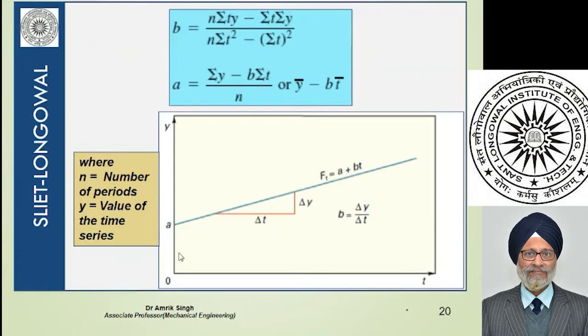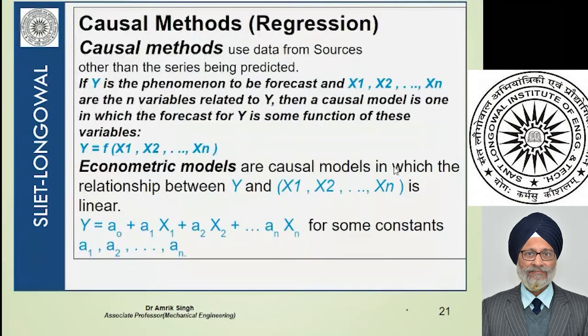The parameter which we want to calculate is on the y-axis, and it is dependent on the parameter drawn on the x-axis, which is independent. So a straight line can be drawn. The slope of the straight line is delta y upon delta t. So this can be calculated. Everybody is aware of this.